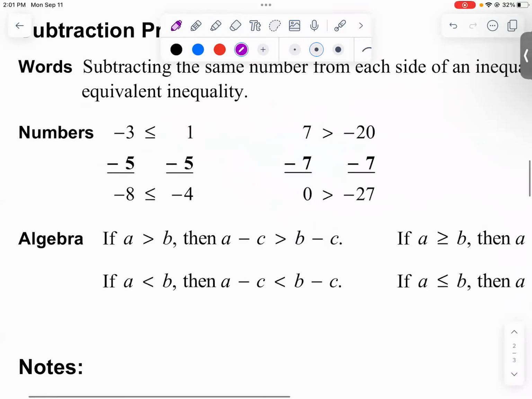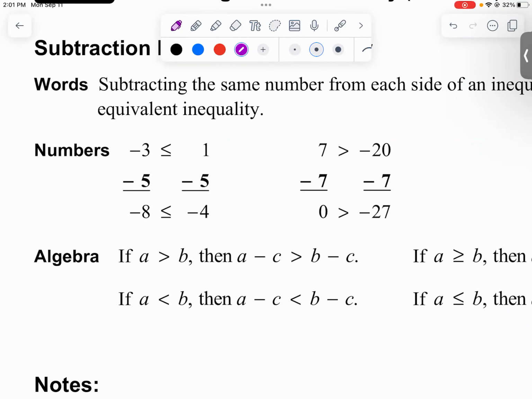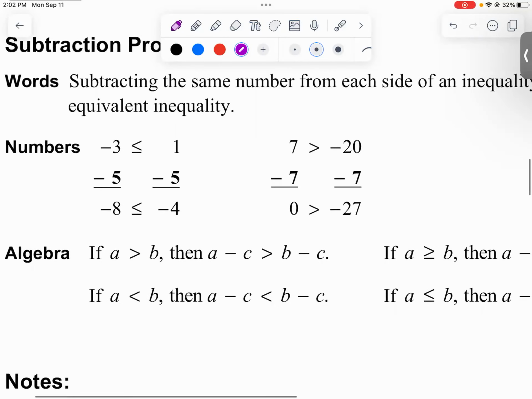Turn the page. Page 36. Okay. Here I have an inequality that says -3 is less than or equal to 1. If I subtract 5 from both sides, is that inequality still true? Yes. Okay. Here I have 7 is greater than -20.